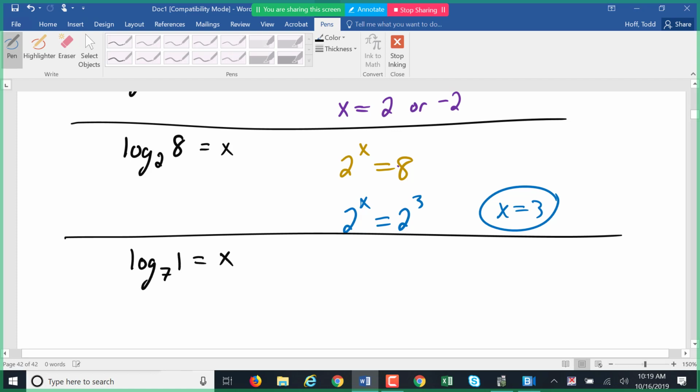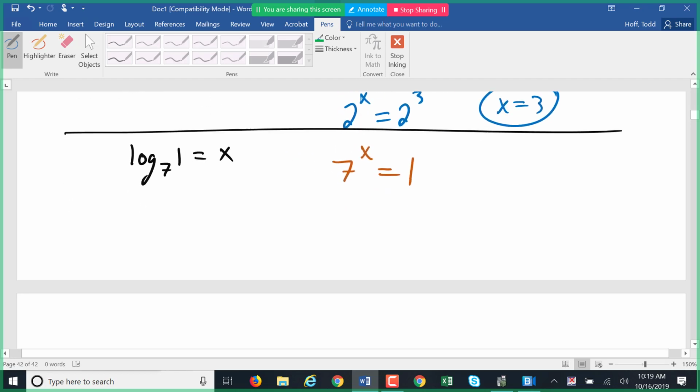Log base 7 of 1 equals x. This is saying 7 to the power of x equals 1. This one's kind of a gimmick. Since the variable is in the power of the exponent, the only way so far that we know how to solve them is to make this an equivalent exponent with the same base of 7.